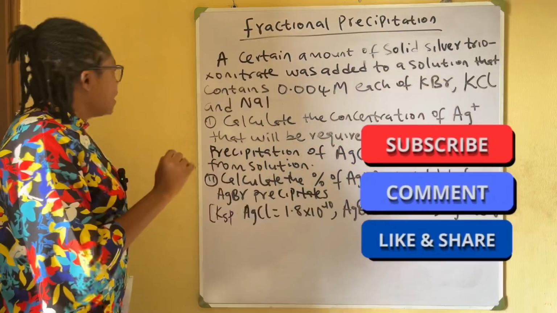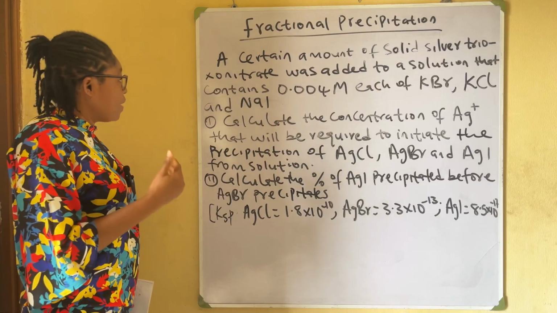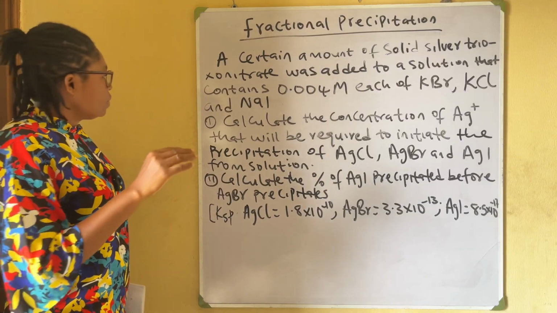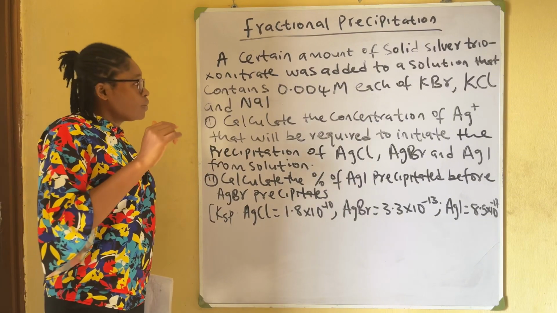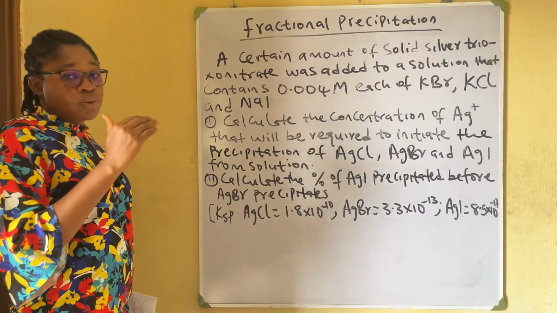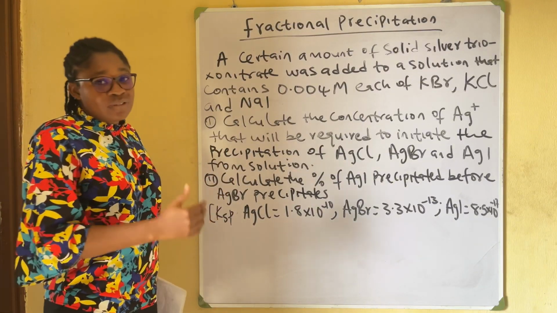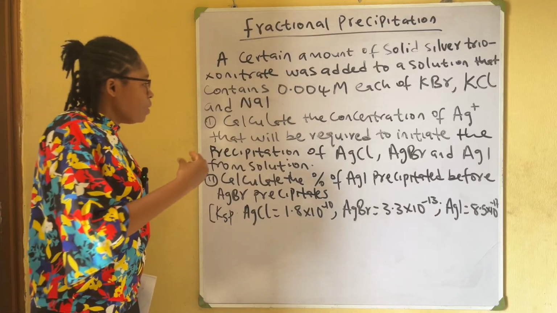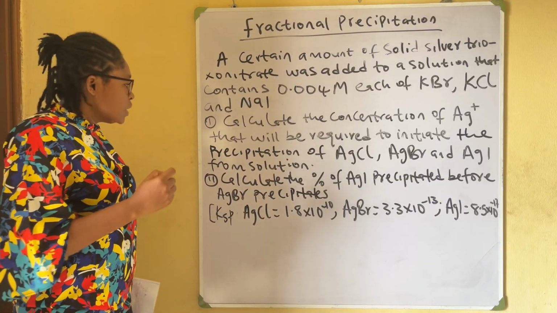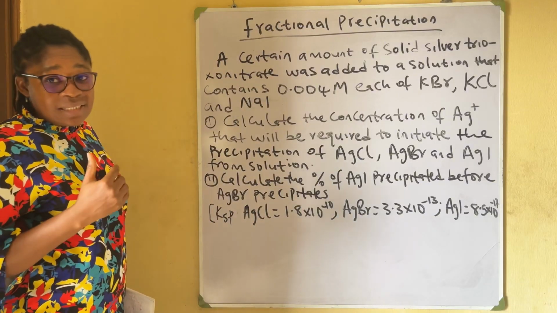A certain amount of solid silver nitrate was added to a solution that contains 0.04 molar concentration each of potassium bromide, potassium chloride, and sodium iodide. One, calculate the concentration of silver ion that will be required to initiate the precipitation of silver chloride, silver bromide, and silver iodide.